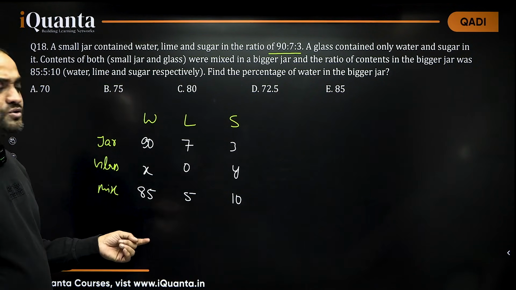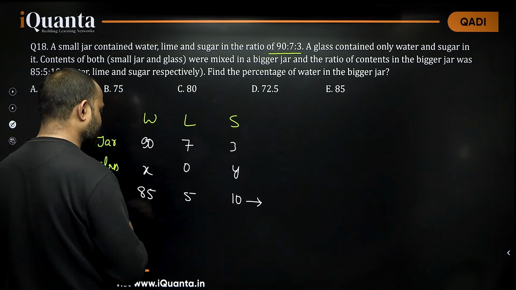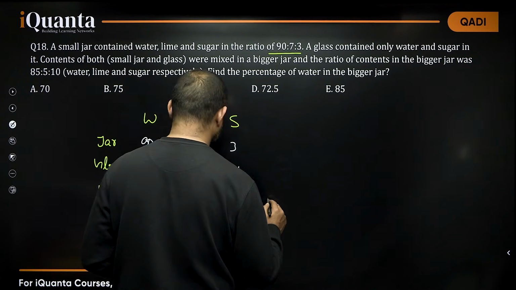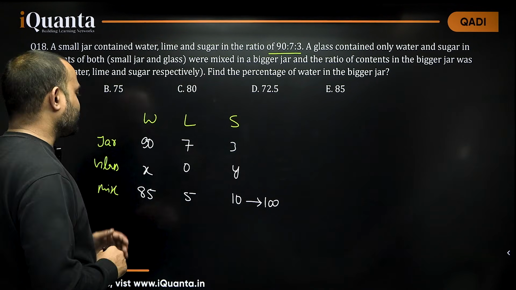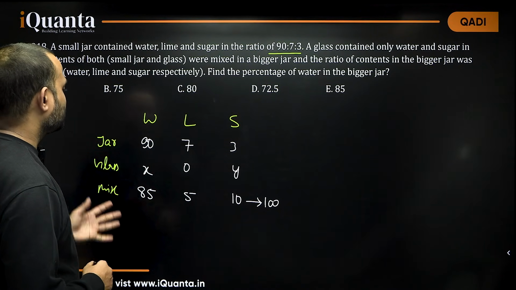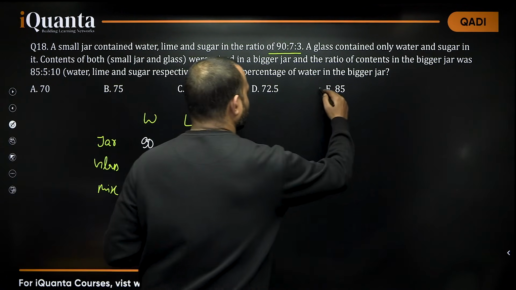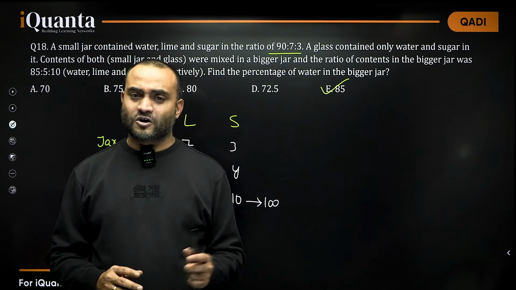So we don't need to do anything. Total will be 10 plus 5, 15 plus 85, which is 100, right? Out of 100, it will be 85. Percentage of water. So the ratio is given, we don't need to calculate anything. Option D is the correct answer.